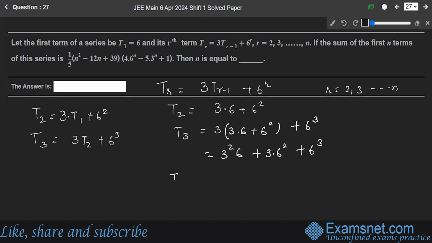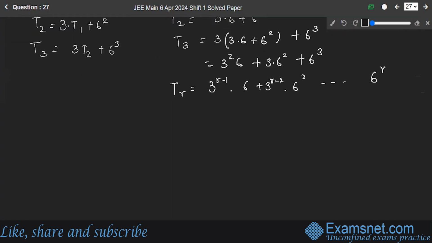You will find out that Tr is equal to 3 raised to r minus 1 into 6, 3 raised to r minus 2 into 6 square, so on. It will go till the power, till 6 raised to power r. So that means, see, this is forming a series. Tr can be written as 3 raised to r minus 1. I'll take a common and 6 also. So I'm taking these two terms as common.